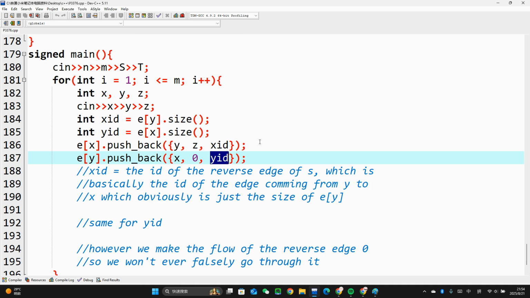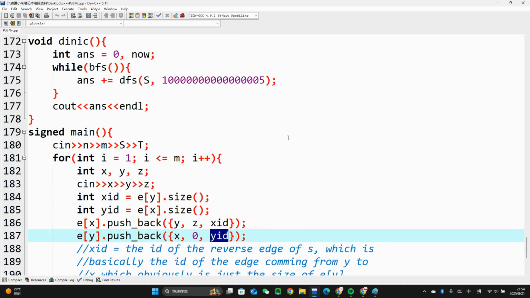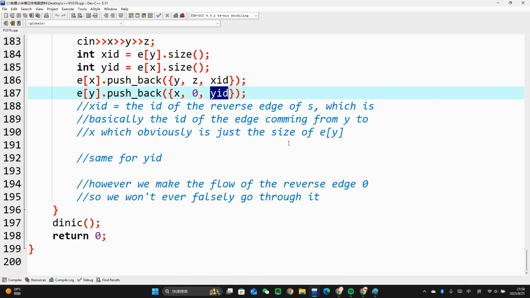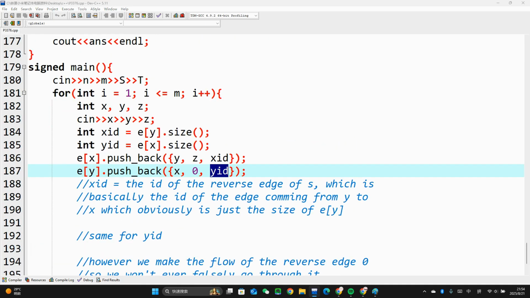So basically, first of all, I have to clarify. A lot of you guys might use the other way of building edges. I'm not exactly sure how it's called in English. Chain forward star?